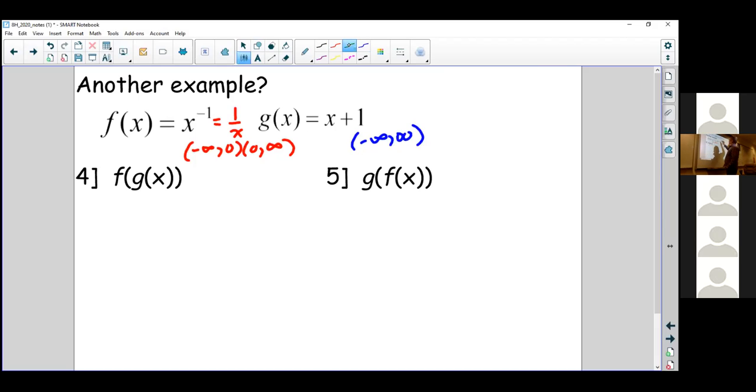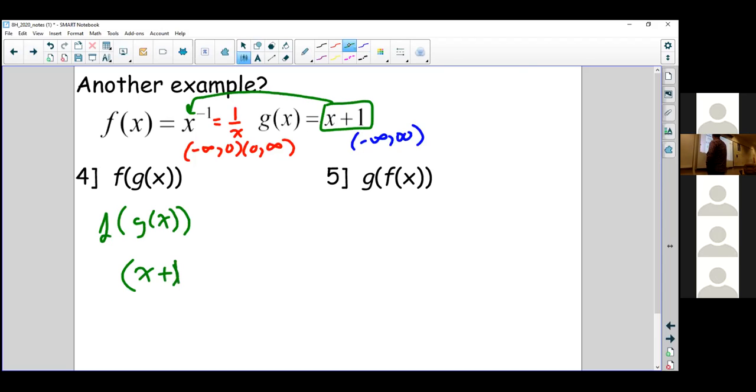So I'm going to take g at x, this, and plug it in for x. So f of g at x is x plus 1 to the negative 1, which is going to be 1 over x plus 1. Okay? So let's ask this. I had one number restricted, so I have to have at least one number restricted in the answer.